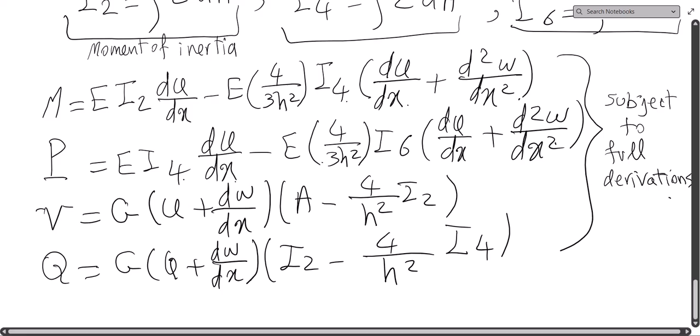Okay, I may have missed a minus or some things, so if you are going to use this, please use it with caution. I'm not giving you the final formula, but one thing is that in this theory we have basically two unknowns.